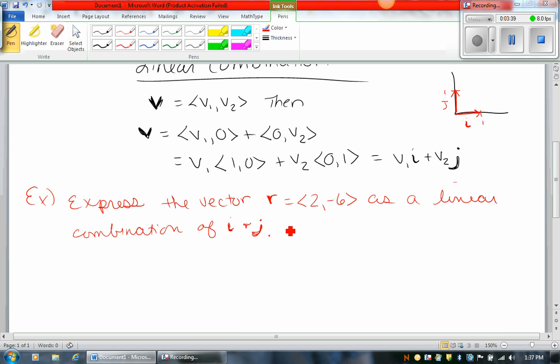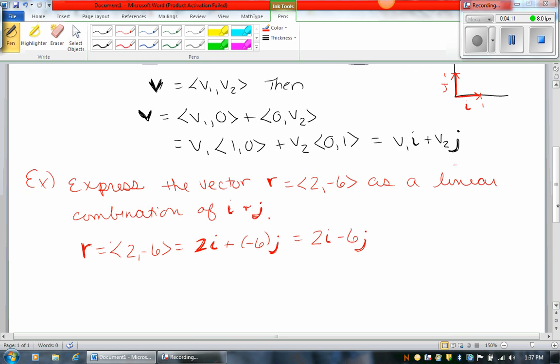So again, we're going to break it apart. We have that vector r equals 2, negative 6. So you have 2i plus negative 6j. It's just your first term, your second term. Your first is your i, your second is your j. So that's 2i minus 6j. It's pretty simple to break that down into those components.